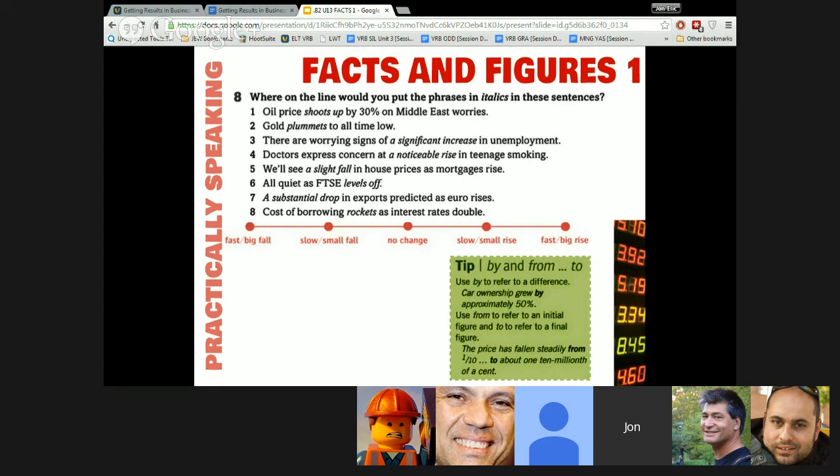All-time low means the lowest ever. The lowest ever. Big change. All-time fast, big fall. Big fall, exactly. So, plummet means big fall. It's a good word.